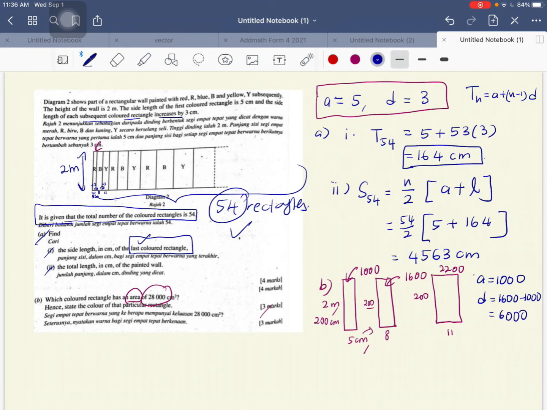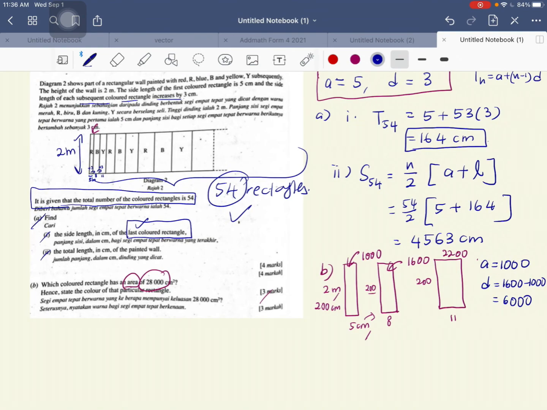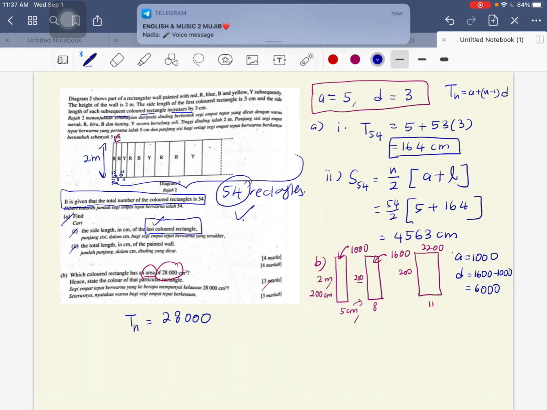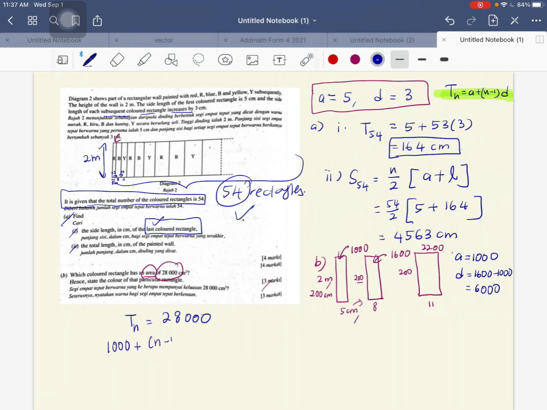So for this one, state the color of the particular rectangle that has an area of 28,000. So we want to find the number of that rectangle. So we have Tn equals 28,000. Using the formula of Tn just now, A is 1000 plus n minus 1, we don't know the value of n yet, times 600 equals 28,000.